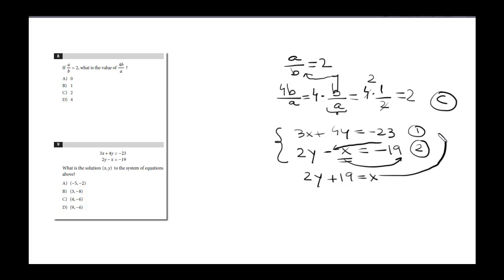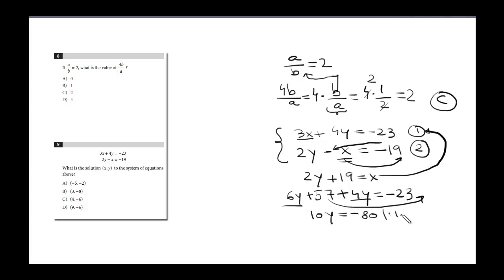Now we take the x and replace in the equation 1. 3x means 3 times 2y, 6y, plus 3 times 19, plus 57, plus 4y equals negative 23. 6y plus 4y is 10y equals negative 23 minus 57. It will be minus 80.